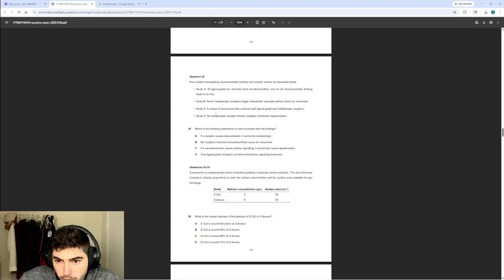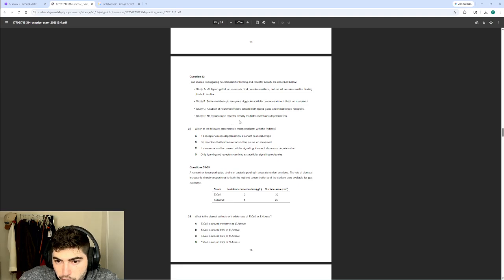Okay, I'm starting to get this. A subset of neurotransmitters activate both ligand-gated and metabotropic receptors. So a subset activate both. Yeah, that seems important.